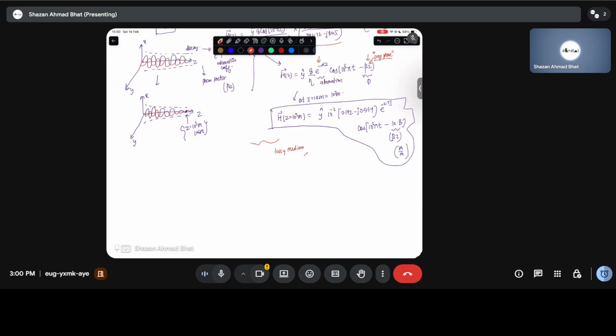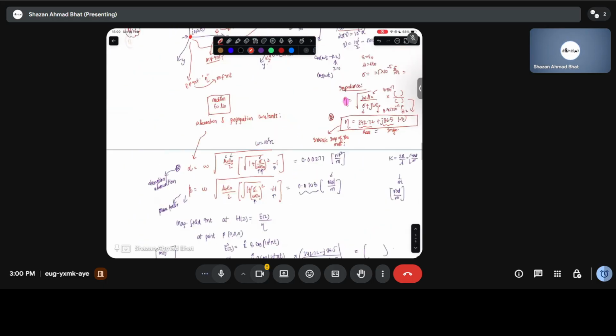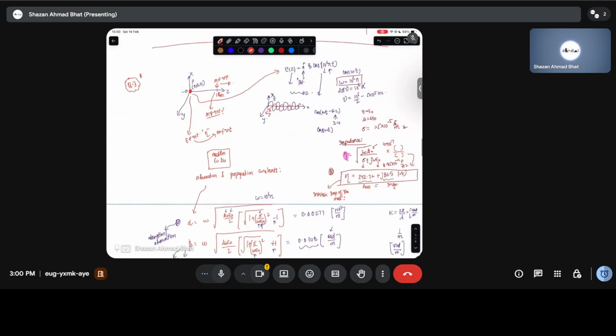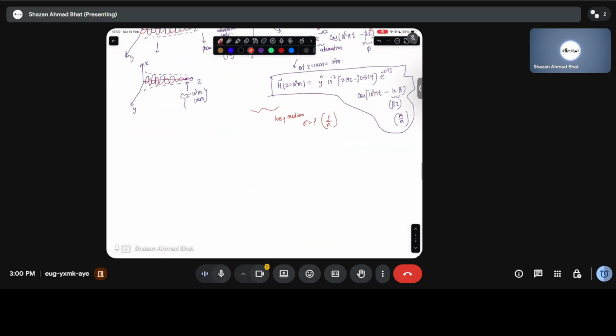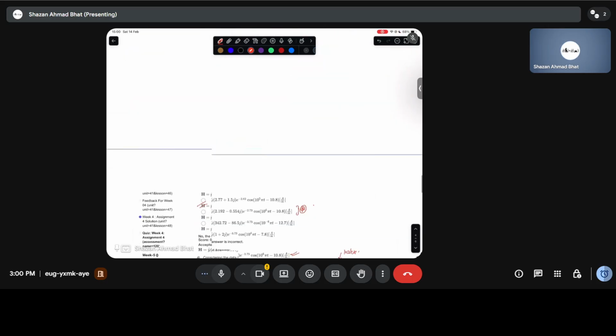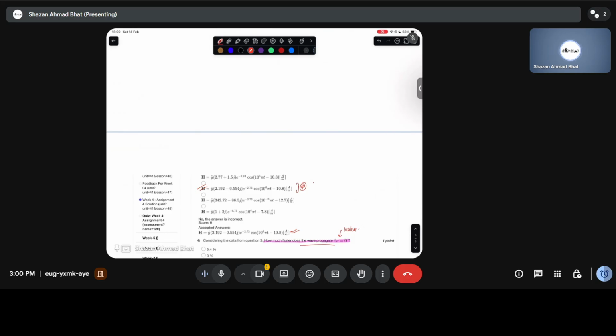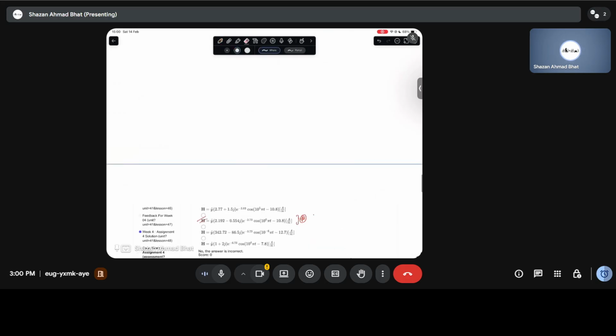Why? Because the sigma value was given in Siemens per meter. You remember this sigma value was given. Now it's considering what happens if there is a lossless medium, how much faster would the wave have been able to propagate?